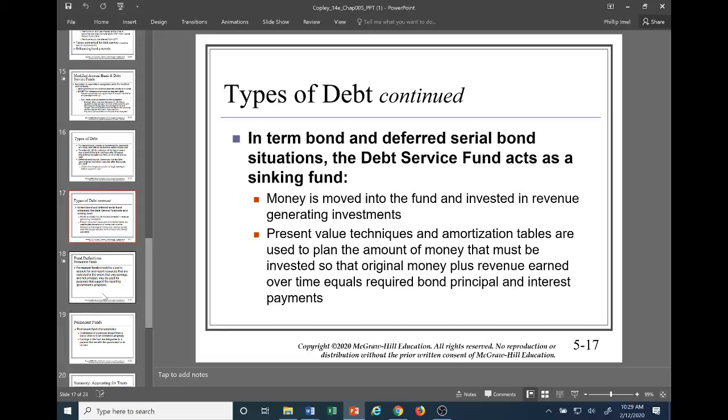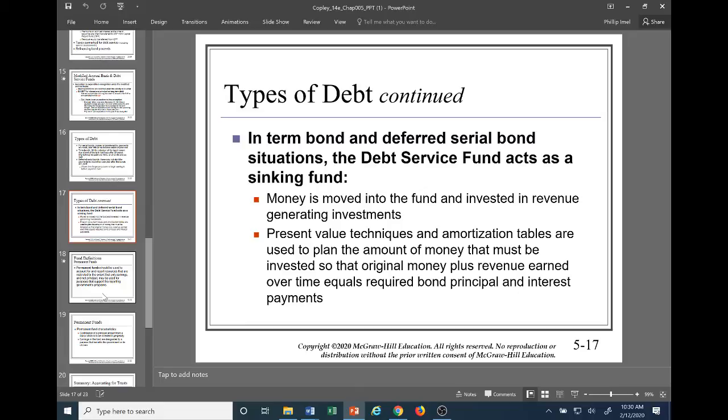It's acting as a sinking fund, the debt service, for what types of debt? Bond liability. Right, but what types of debt? Term and serial and deferred serial. Why is that acting like a sinking fund? Because the payments aren't due yet. But we're still putting the money in, and then we invest it, and then we use those amortization and present value tables to try to play with our investments, because those investments are earning money.